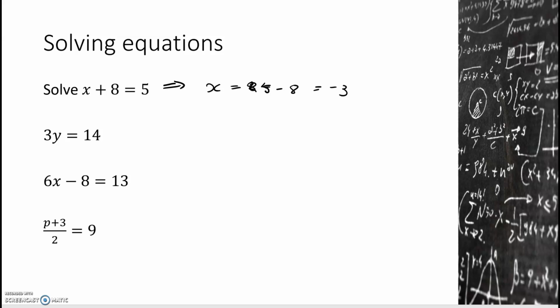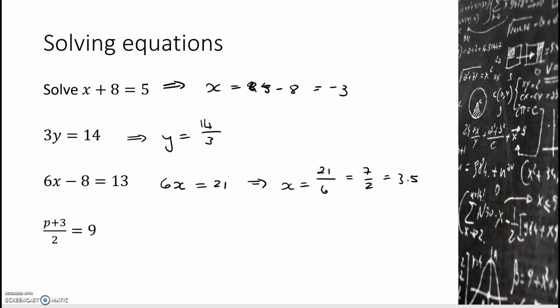Next one is dividing both sides, so divide both sides by 3. The next one's a mix of both. We're going to add 8 to both sides. Then we're going to divide by 6. And you can simplify that, say 7/2 or 3.5, however you're asked for your answer.